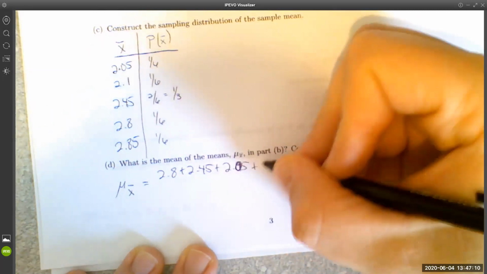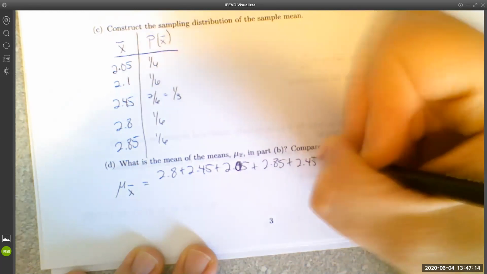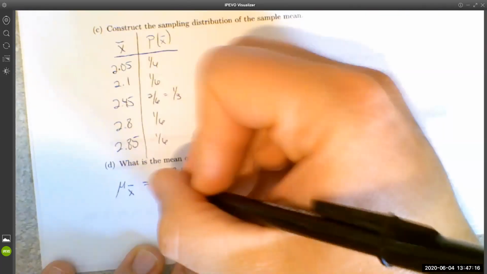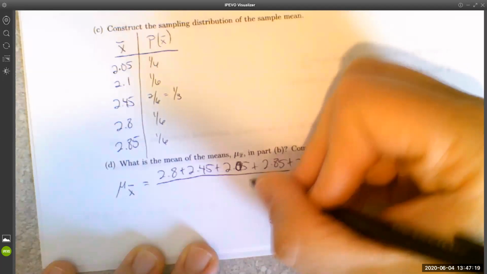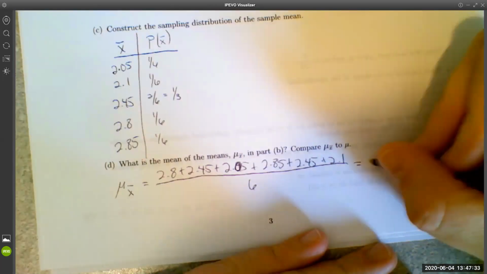I was getting ahead of myself. 2.8 plus 2.45 plus 2.05 plus 2.85 plus 2.45 plus 2.1 divided by 6. Let's see what we get. That comes out to 2.45.